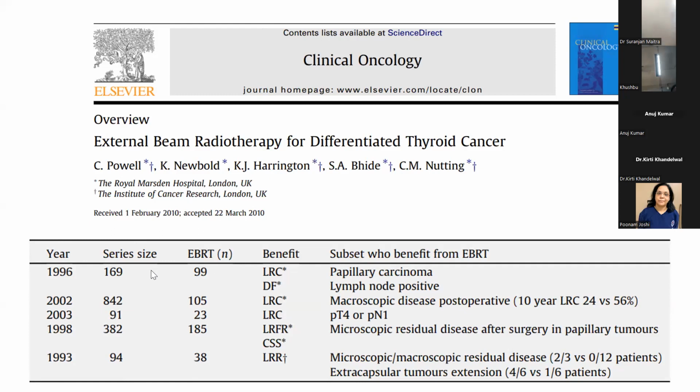Over the years, we can see some of the indications where EBRT has been used in thyroid cancers, and the primary endpoints have been mostly loco-regional control or cause-specific survival or local recurrence, relapse rates, etc. Here we can see some of the broad indications again, like lymph node positive, gross extrathyroidal extension, macroscopic or microscopic residual disease, extracapsular tumor invasion, etc. So we can see that the indications are varied and there are no definite recommendations, like we don't have level 1 evidence for telling that, okay, this patient requires treatment.